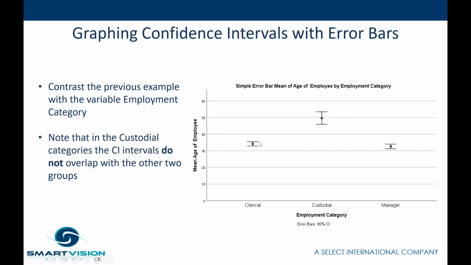And we can see here, very important, that for the clerical workers and the custodial workers, the confidence intervals do not overlap. So note that in the custodial category, the confidence intervals do not overlap with the other two groups. What does that indicate? It means that if you repeat the sample 100 times, generally speaking, the mean age for custodial workers will always be higher than for clerical workers and manager workers.